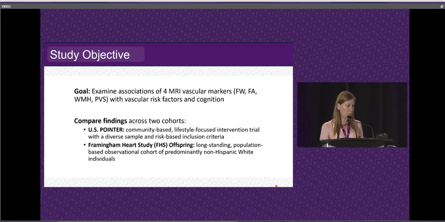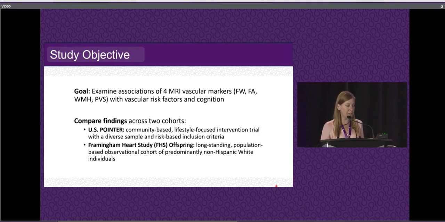So our goal was to examine the association of 4 key MRI markers of vascular injury, including white matter hyperintensities, free water, fractional anisotropy, and perivascular space, with both vascular risk factors and cognition. And we compared results across 2 cohorts, including the US POINTER Study.